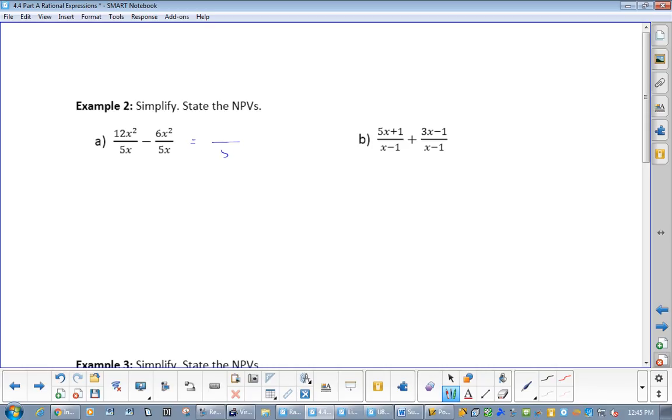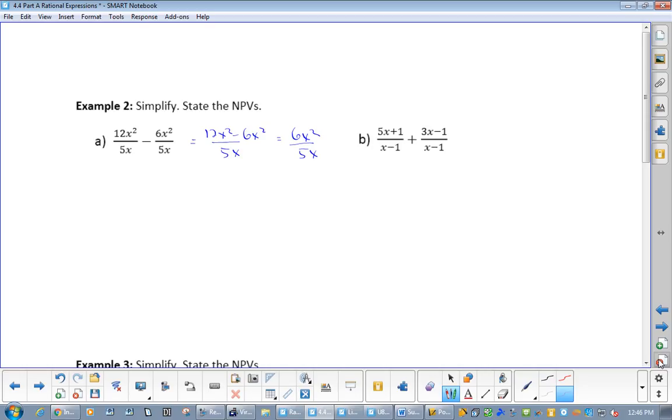Okay, so that's a nice one. Now we're going to just put 12x squared minus 6x squared. Now, if you have 12x squareds and 6x squareds, you would get 6x squared over 5x.